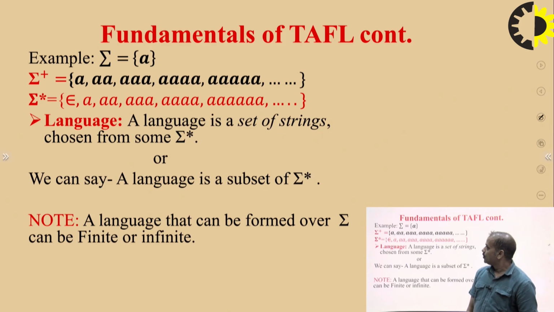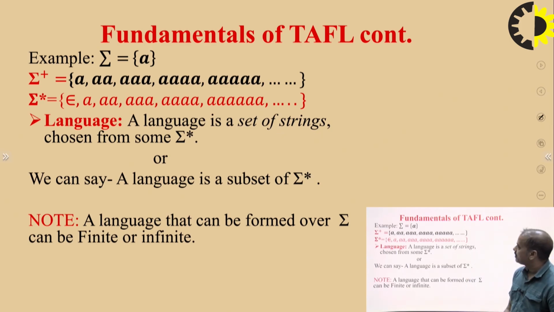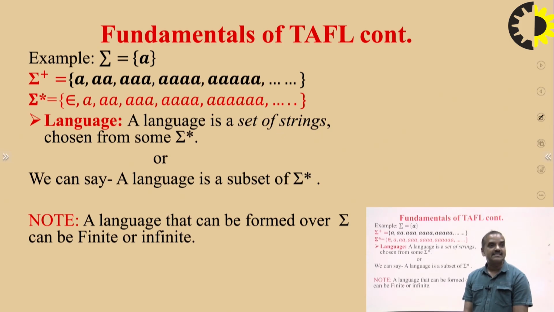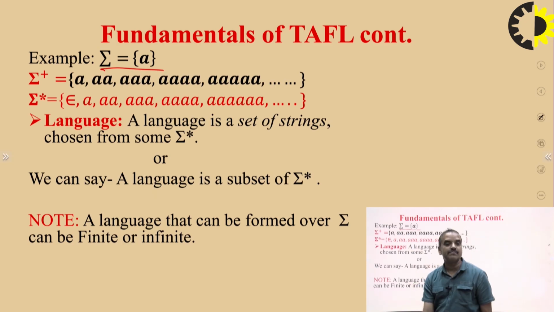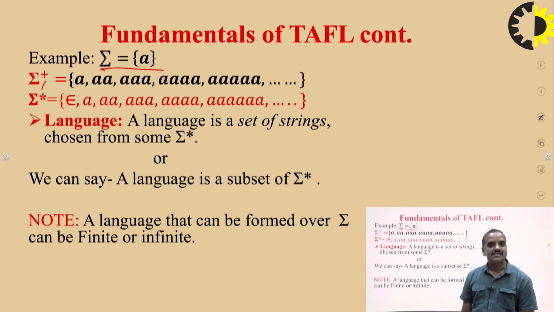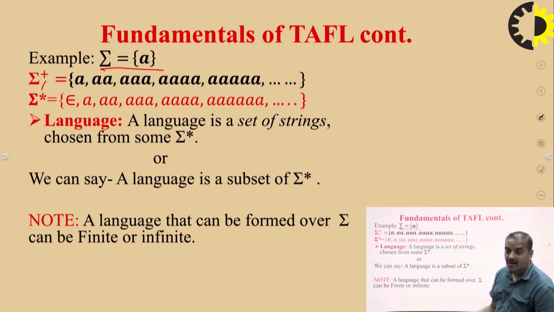Now, this is the basic example for sigma plus and sigma star. We have taken a sigma where the input symbol is A. We construct sigma plus as we discussed in the definition. Sigma plus is the set of strings including a sequence of one or more symbols.